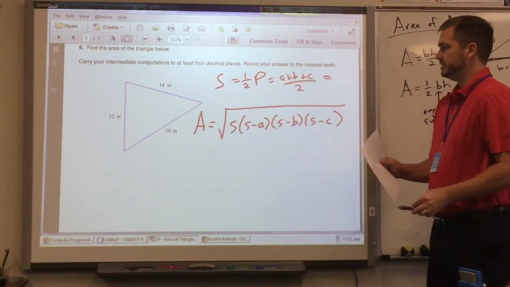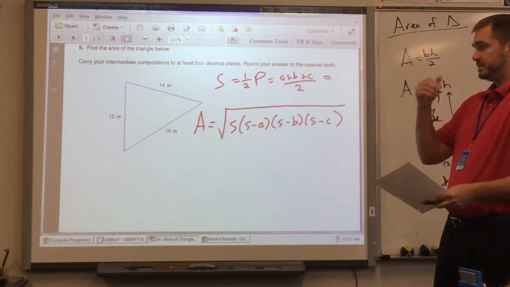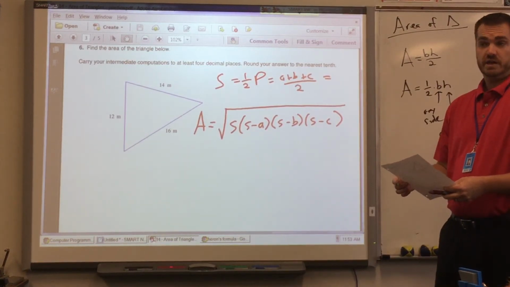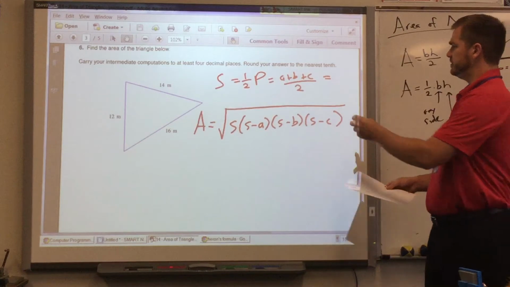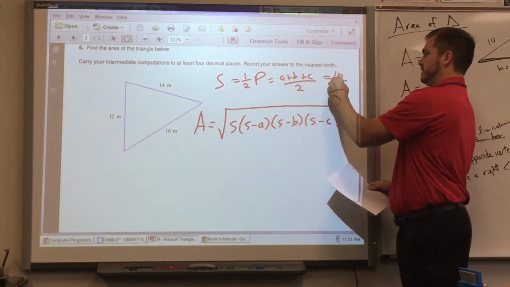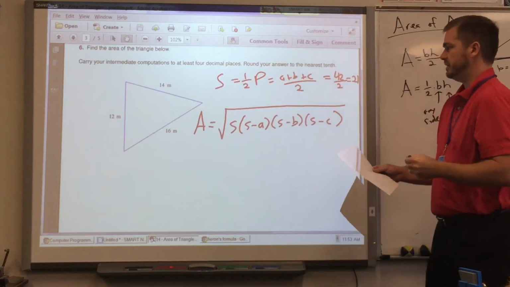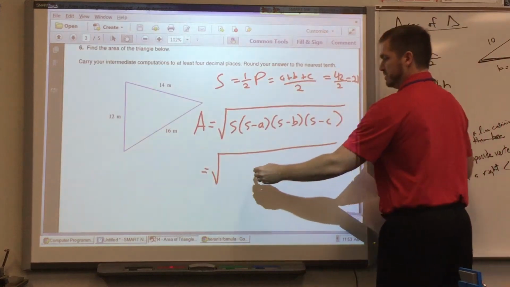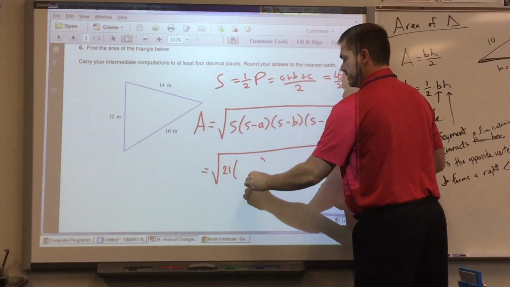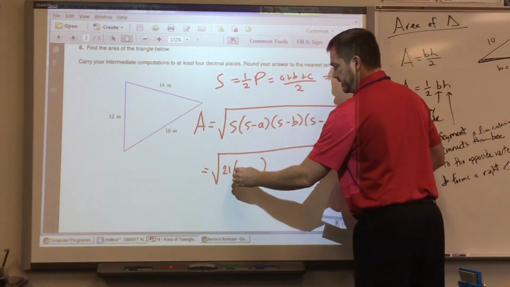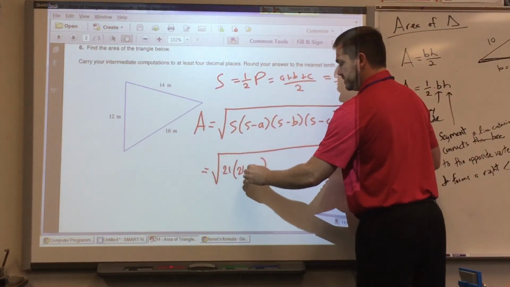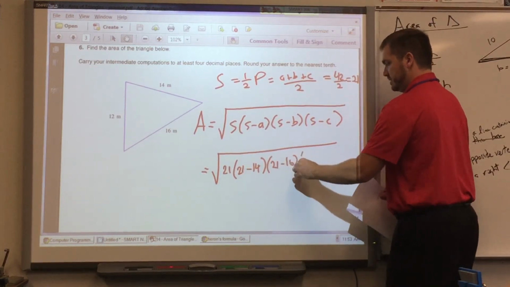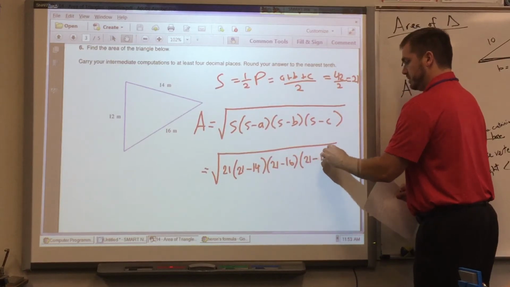So, in our situation, the perimeter is 12 plus 14 plus 16, which is 42. Divided by 2, 21. So area is 21 times, 21 minus 14, 21 minus 16, and 21 minus 12.